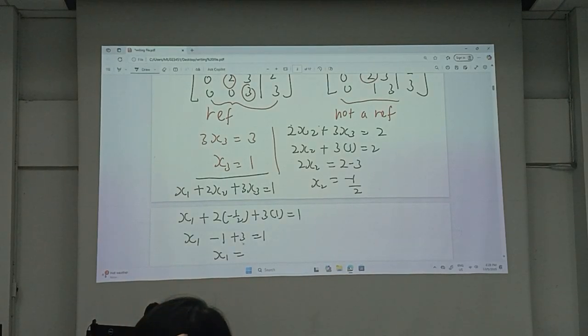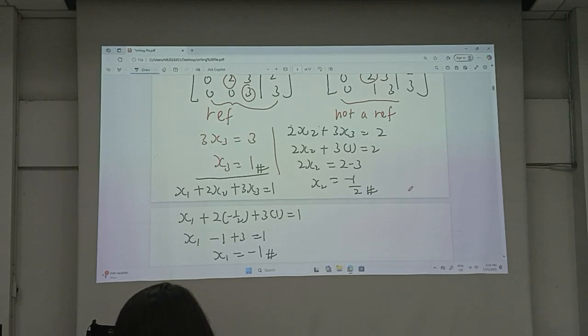As a result, S1 equals negative 1. So this is back substitution. From row echelon form, we can use back substitution to solve it and find the solutions.